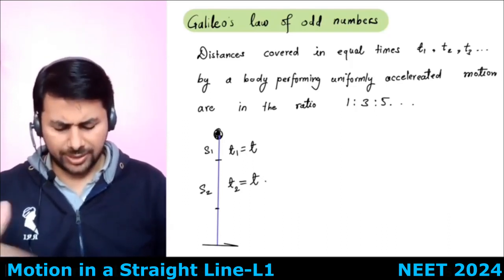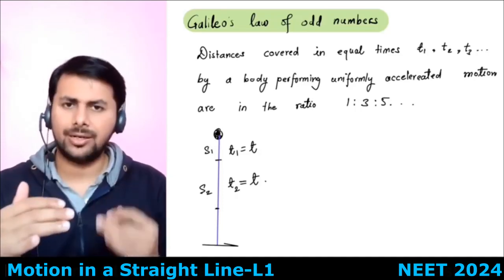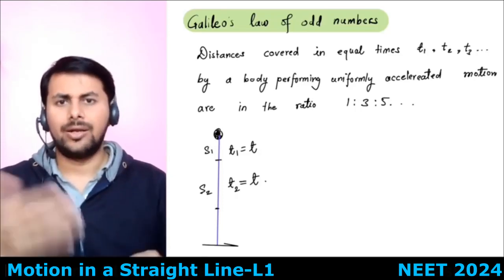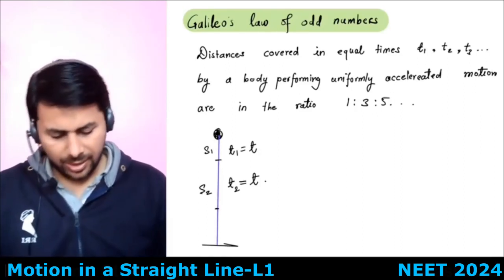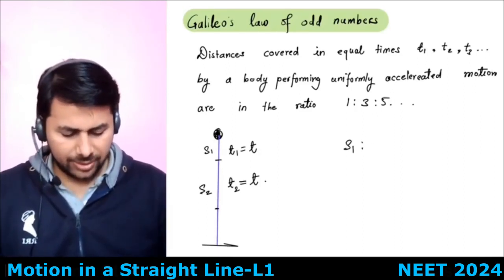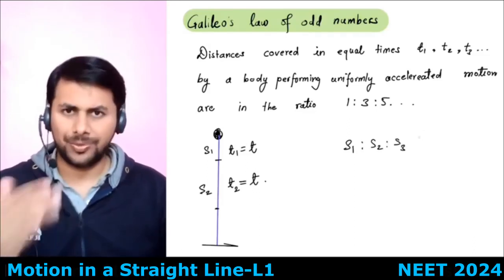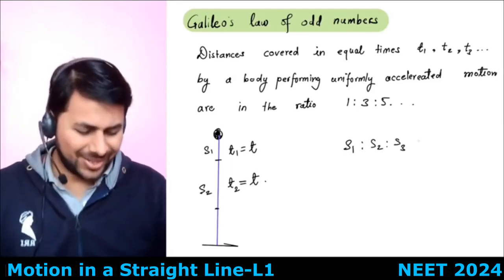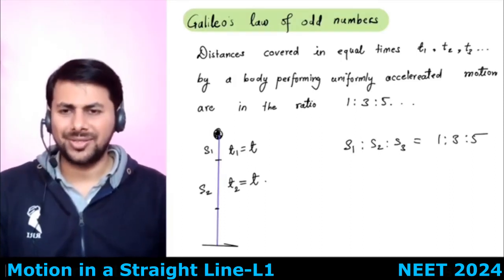Let's suppose t is equal to 1 second. In 1 second it falls a distance s1, in the next 1 second a distance s2, in the next 1 second a distance s3. Then s1 is to s2 is to s3, if it has not reached the ground yet, will be equal to what? 1 is to 3 is to 5. Got it?